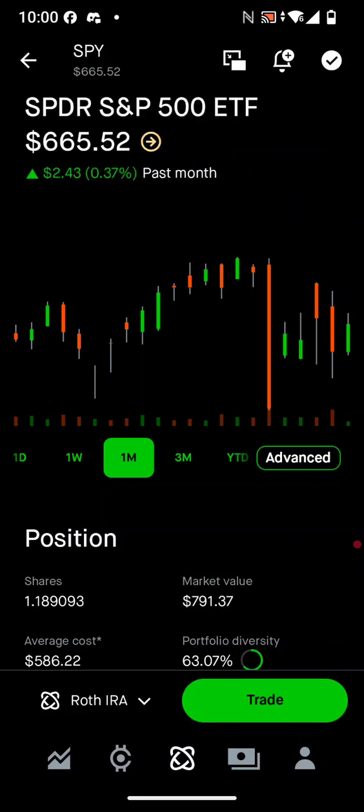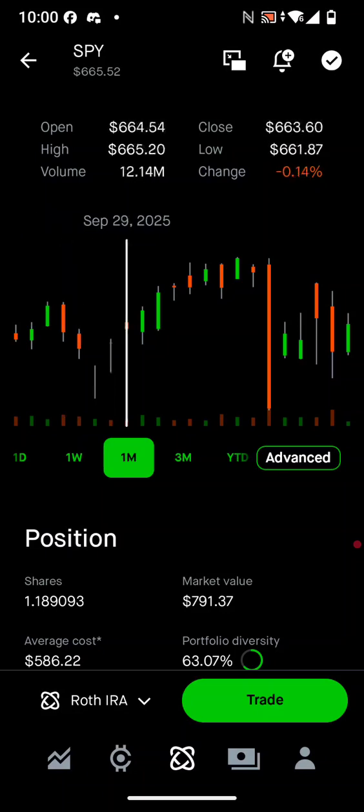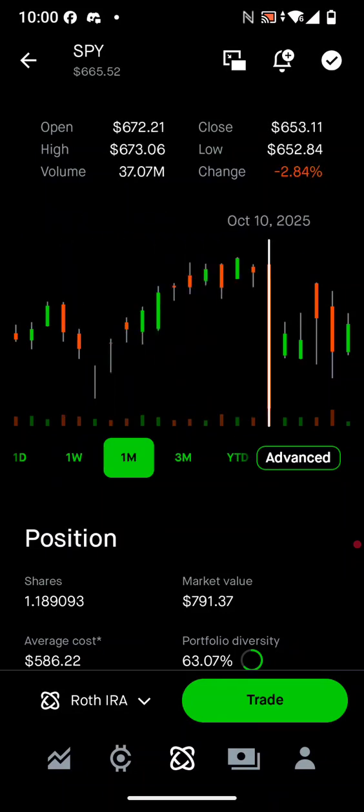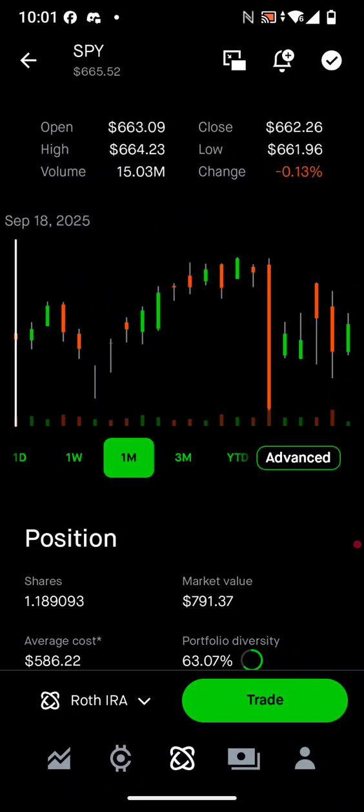This is how I read these candles, family. This is how I make money in the market, by understanding the story that the candles are telling me. Look at this, for instance. This one candle on the 10th erased all of this.